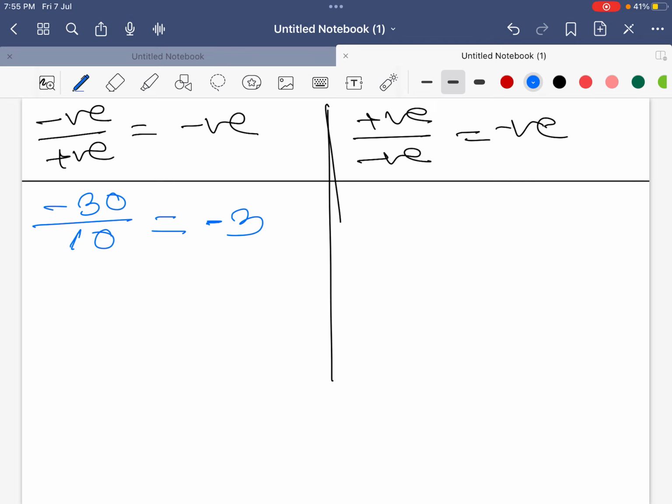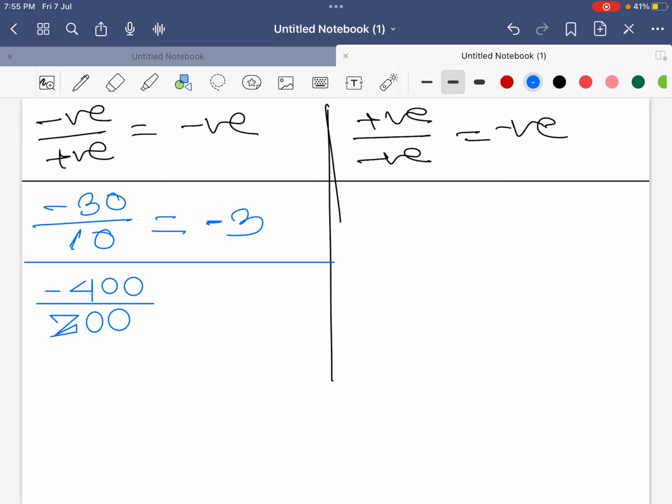Just write down another example: minus of 400 divided by 300.